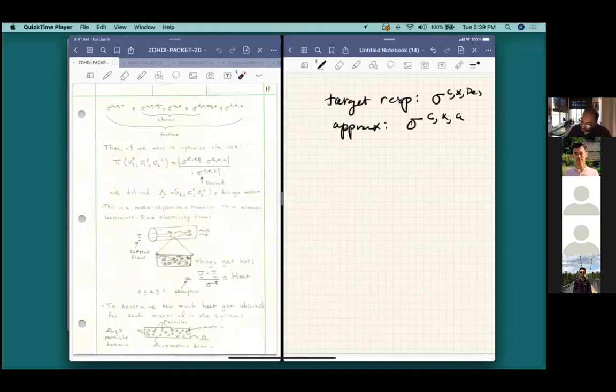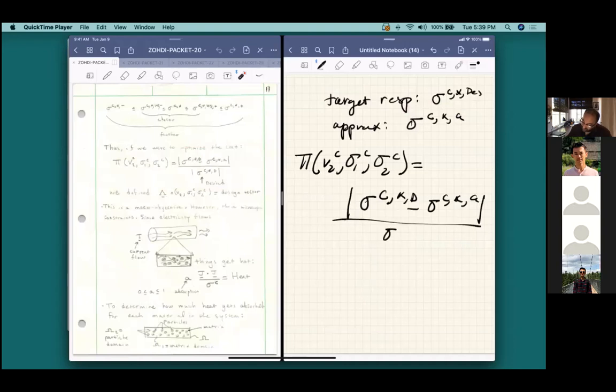And I want to get the approximate solution as close as possible to the design solution. Well, that's pretty simple then. So the cost function, which is a function of V2, sigma 1, sigma 2, is equal to the absolute value of sigma c star desired minus sigma c star approximate, divided by sigma c star approximate.